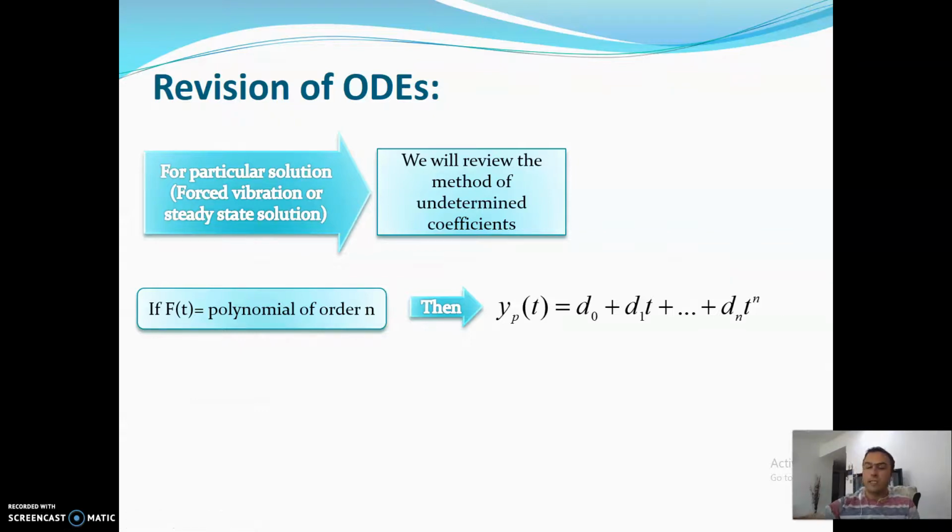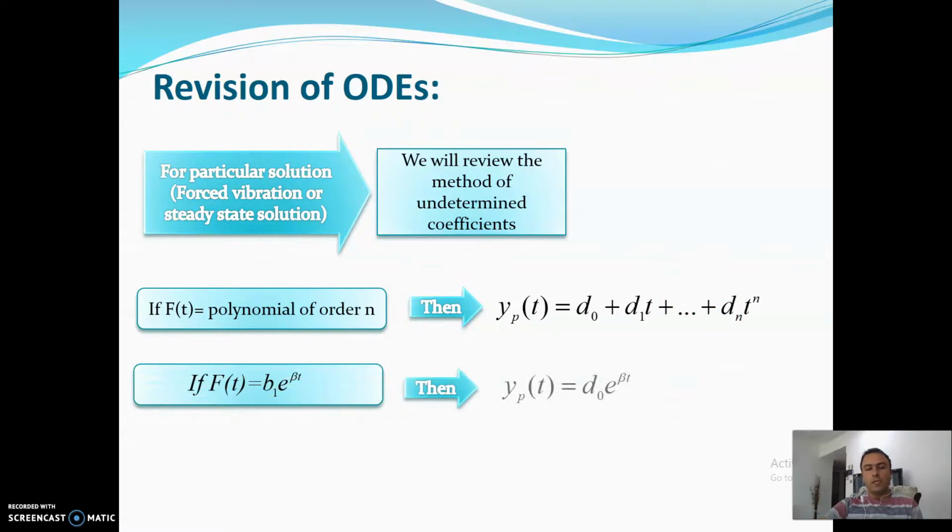And here we consider three different cases. The first case is when f(t) is a polynomial of order n, so we can consider that the particular response is again a polynomial of order n. You can see d0 plus d1 t plus up to dn times t to the power of n, and d0 to dn are constant coefficients. So this is the particular response.